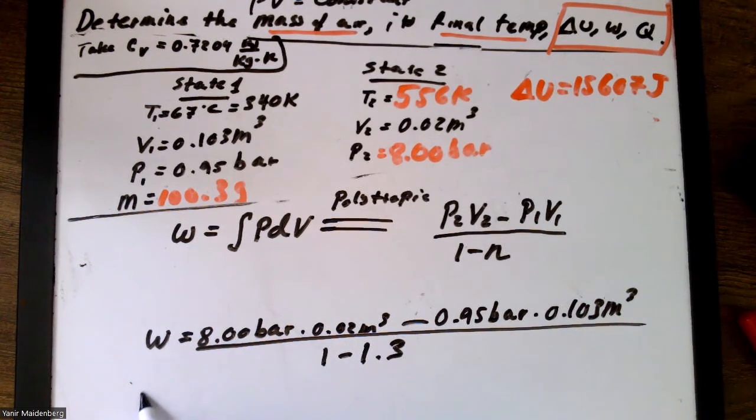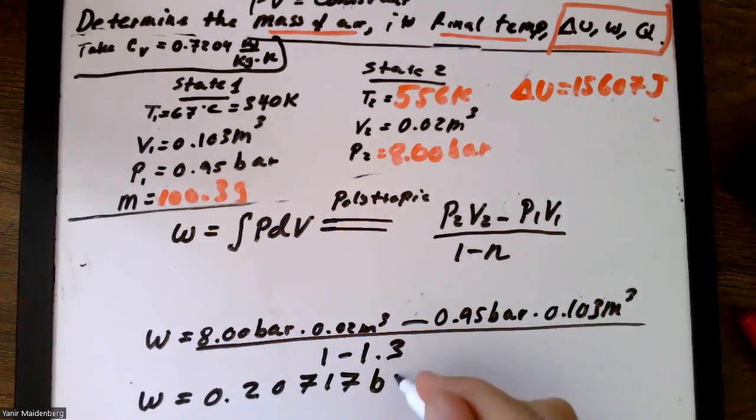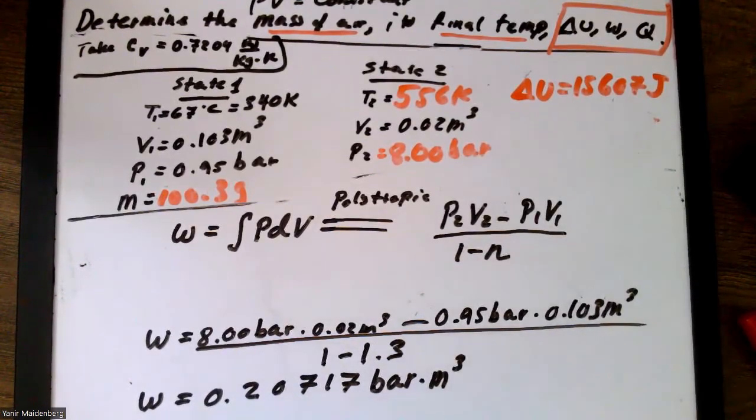Punch all of this into the calculator and you get 0.717, but this is in units of bars times meters cubed, which is not joules, not SI in any way. So we need to get rid of bars to get into pascals, because once we get pascals, pascal times meters cubed will give us joules.